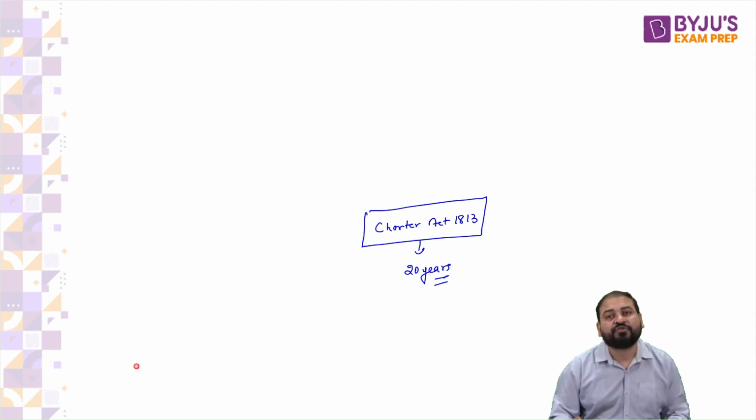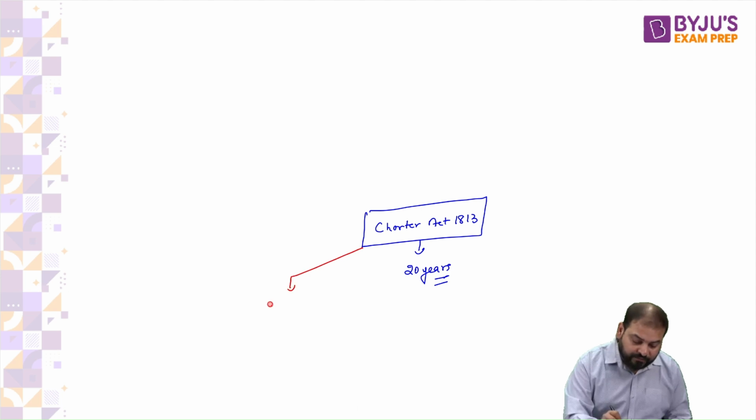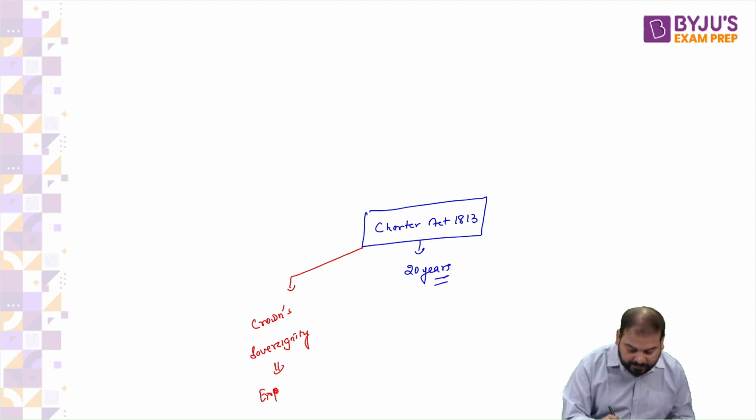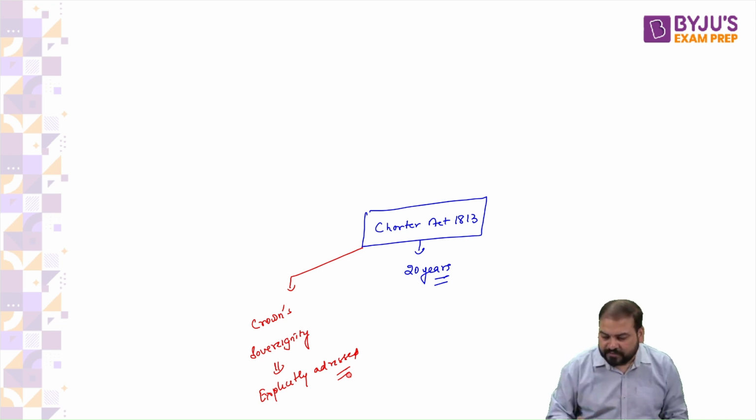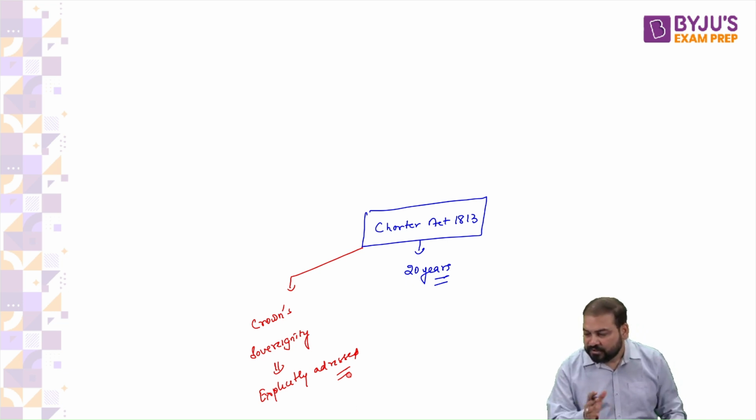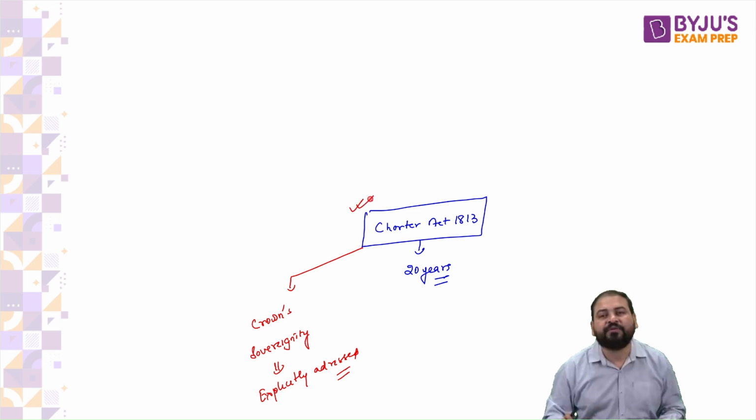Crown's sovereignty was again explicitly addressed. Monopoly and everything we have studied, so I'm not getting into that. Just two lines so that you know there was a Charter Act in between also.